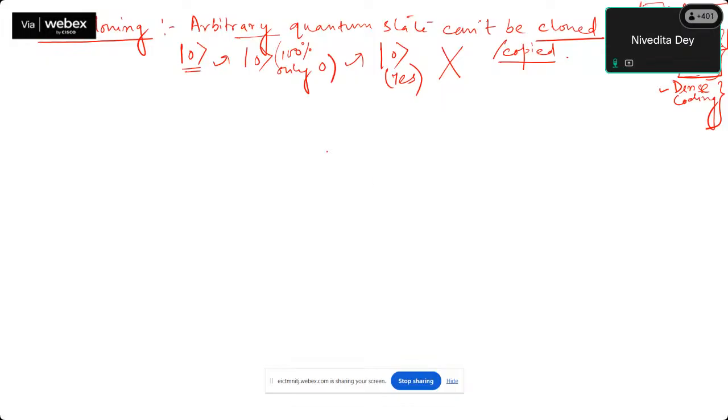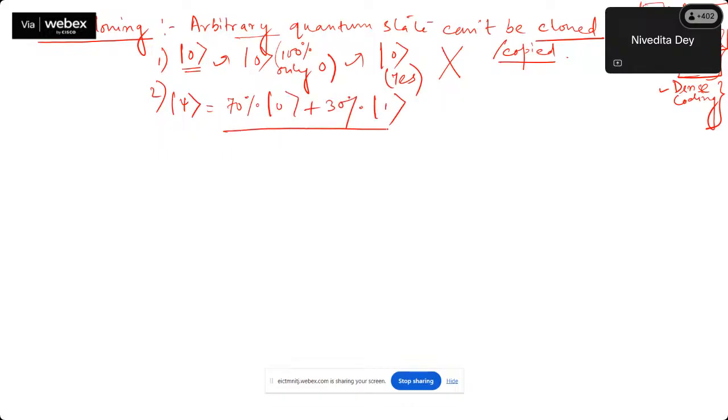The second part is, say I have prepared a mixed quantum state at a particular time, which is say 70% 0 plus 30% 1. Now if I ask you, can I again create another psi with the same thing, 70% 0 and 30% 1?